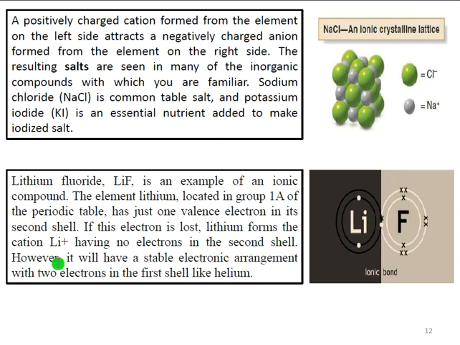However, it will have a stable electronic arrangement with 2 electrons in the first shell, like helium. Lithium fluoride is an ionic bond, because the lithium is positive and the fluorine is negative.